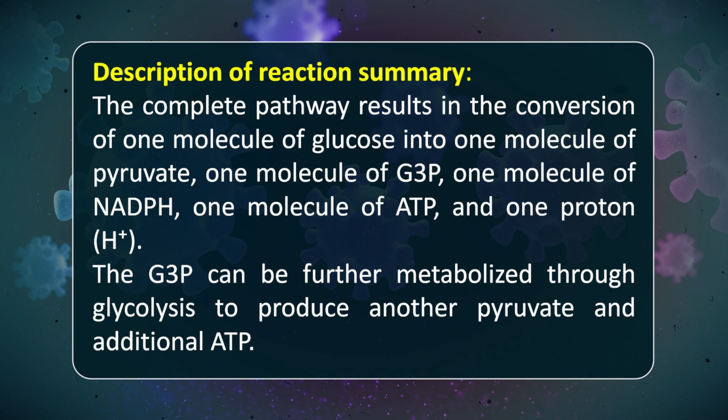So, the complete pathway results in conversion of one glucose molecule into one molecule of pyruvate, one molecule of glyceraldehyde 3-phosphate, one molecule of NADPH, one molecule of ATP and one proton. The glyceraldehyde 3-phosphate can be further metabolized through glycolysis to produce another pyruvate and additional ATPs.